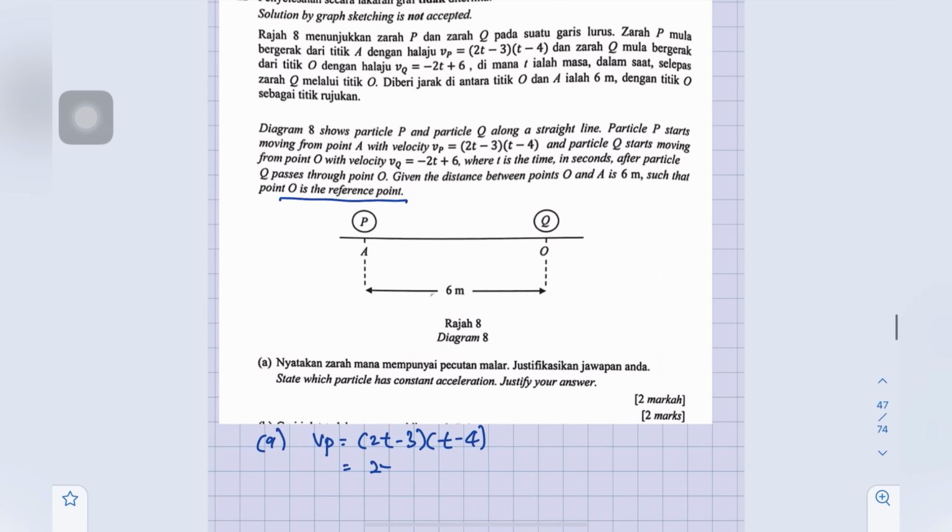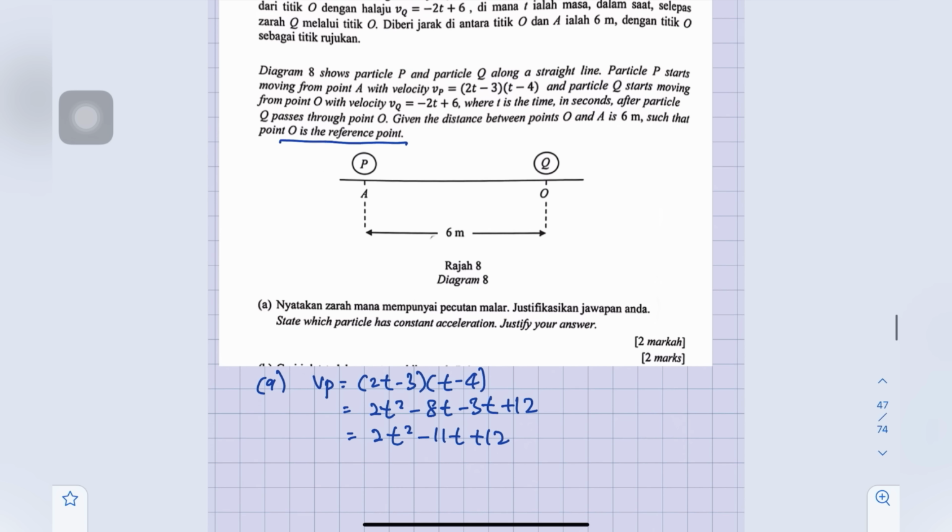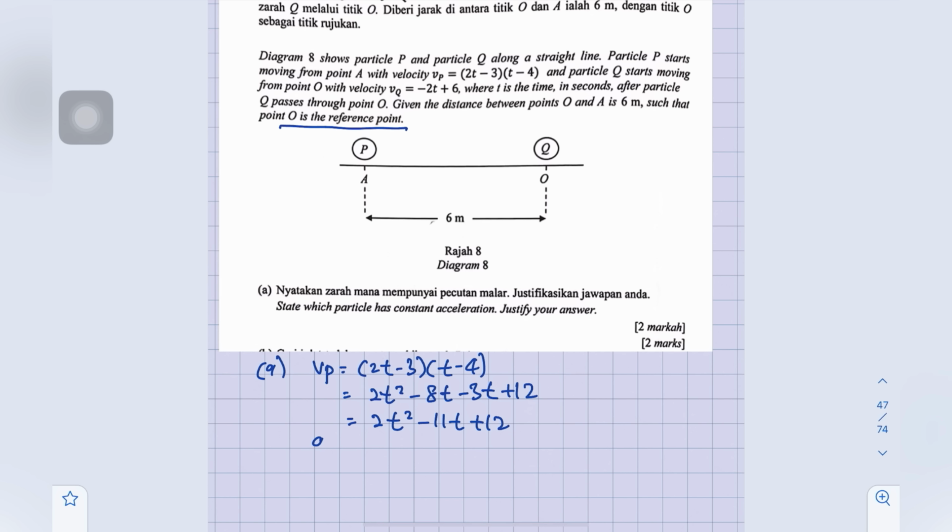So 2t squared minus 8t minus 3t plus 12. 2t squared minus 11t plus 12. Okay, so to find acceleration, differentiate, 4t minus 11. So this is acceleration for particle P.